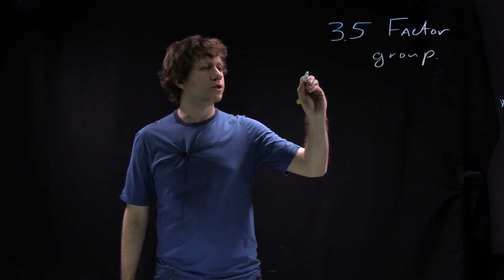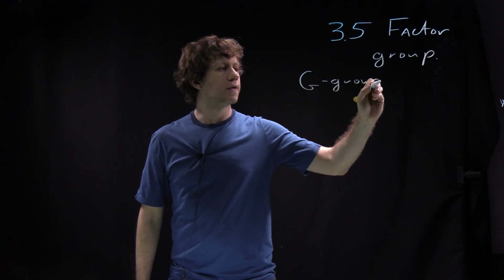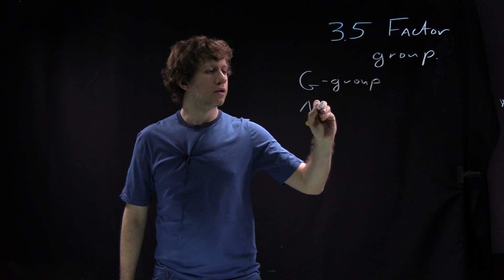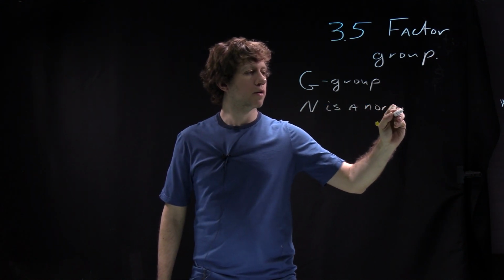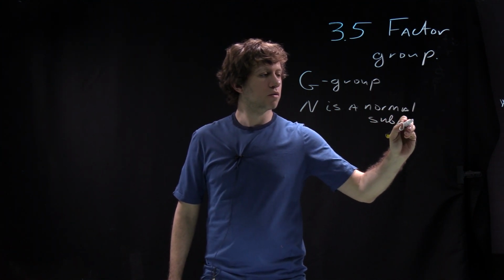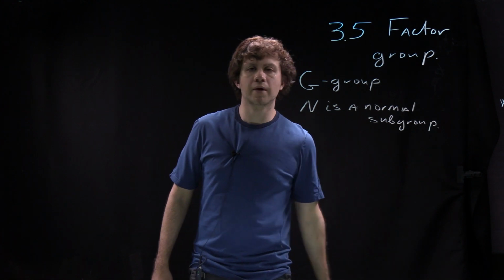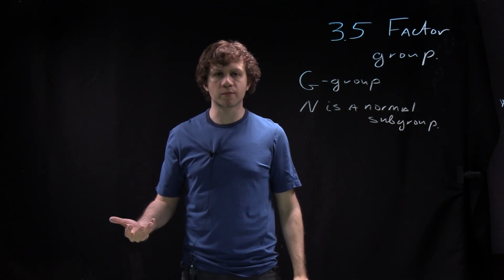So let's suppose that G is some group and that N is a normal subgroup. As we already discussed, there is a natural source of normal subgroups.